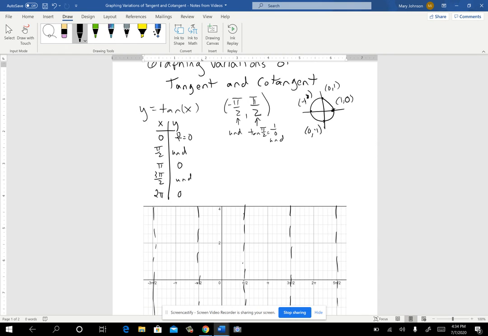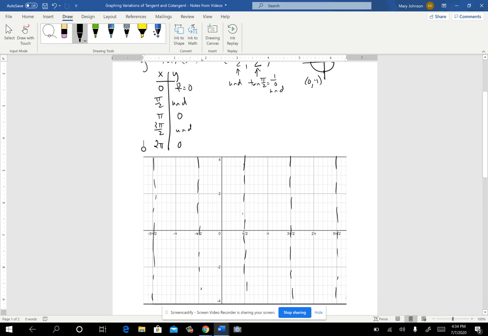So here you're going to be at 0. What I really need to make sure you have straight is which way this goes, because people mix up tangent and cotangent.